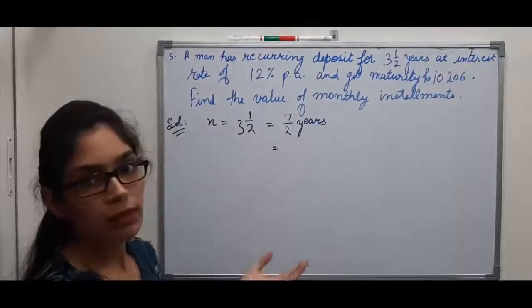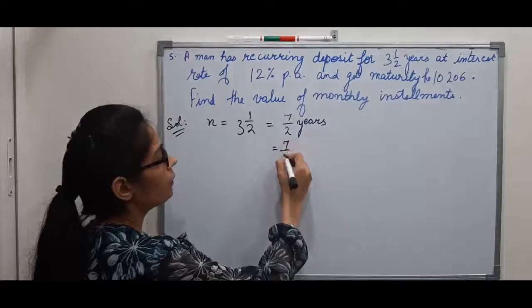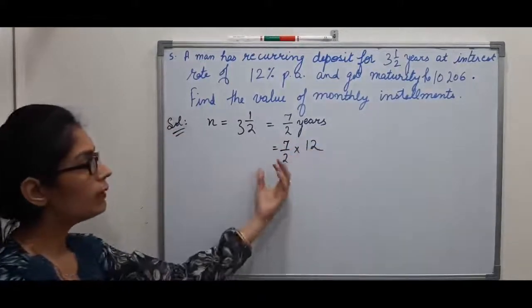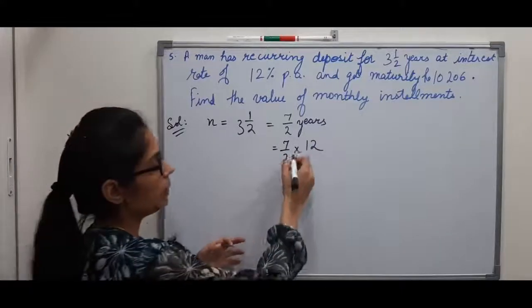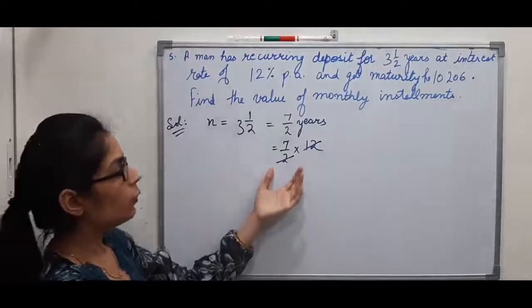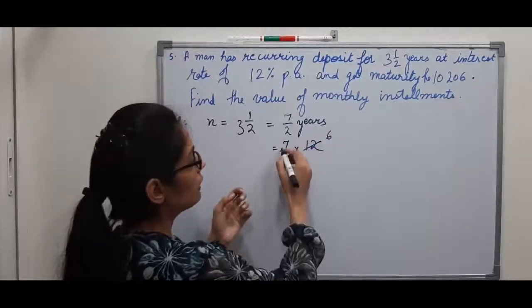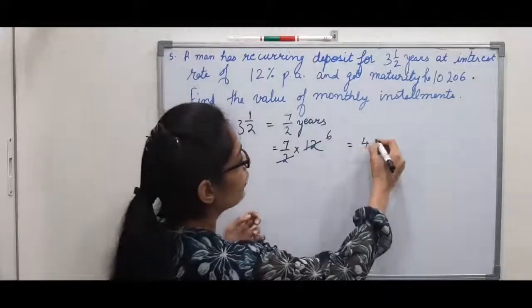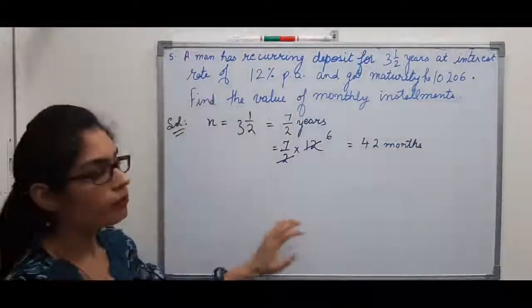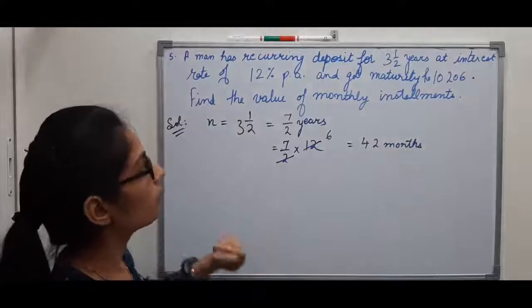Whichever year is given to you, you have to multiply that number directly with 12, and then we can convert our time into months. 2 into 6 is 12, 7 into 6 is 42. So the number of months given is 42 months.